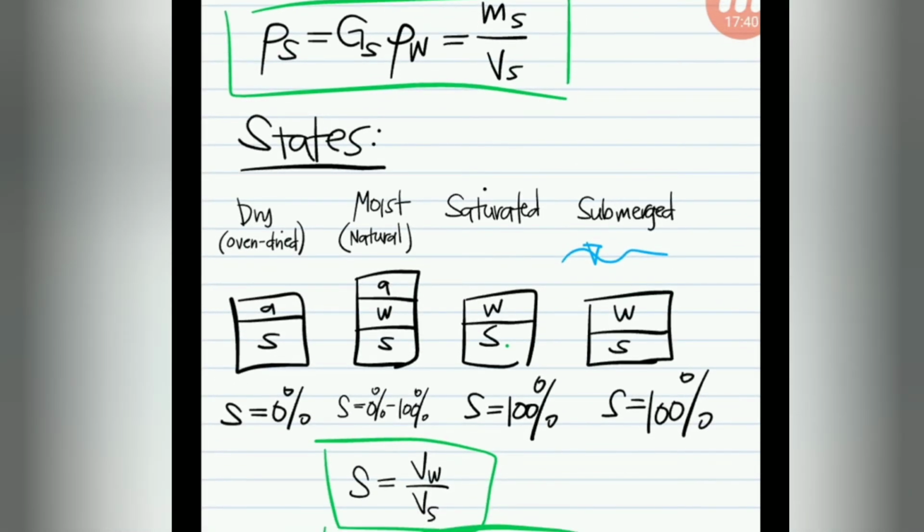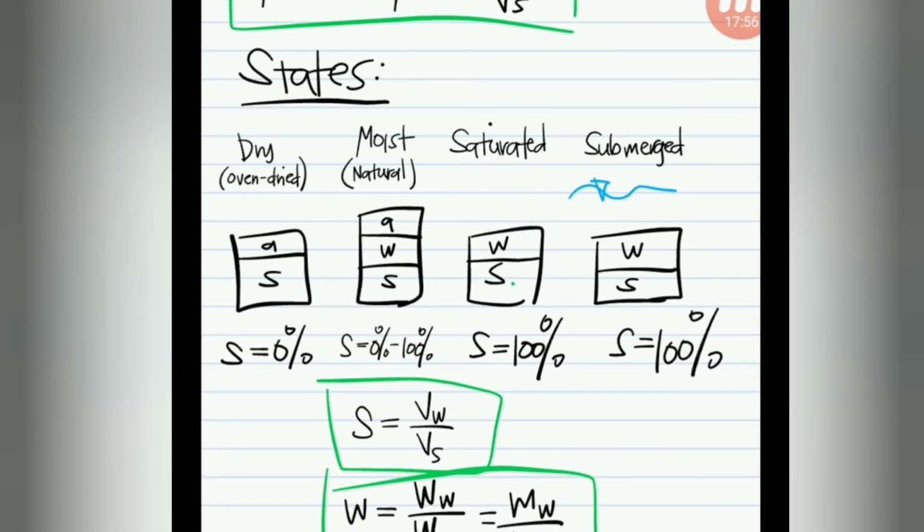For the different states, we have dry. That is when you remove all the water in that soil sample, so you end up having 0% degree of saturation. Again, degree of saturation is the volume of water over the volume of voids, the comparison. So of course, when you remove all the water, you have 0% degree of saturation.